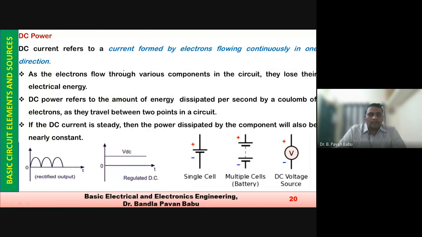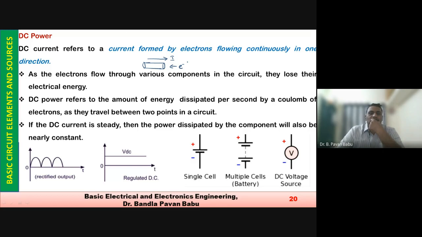Let us see the statement. DC current refers to a current formed by electrons flowing continuously in one direction. If the direction of current is in this way, let us consider this is a material, the electron flow will be in the opposite direction.